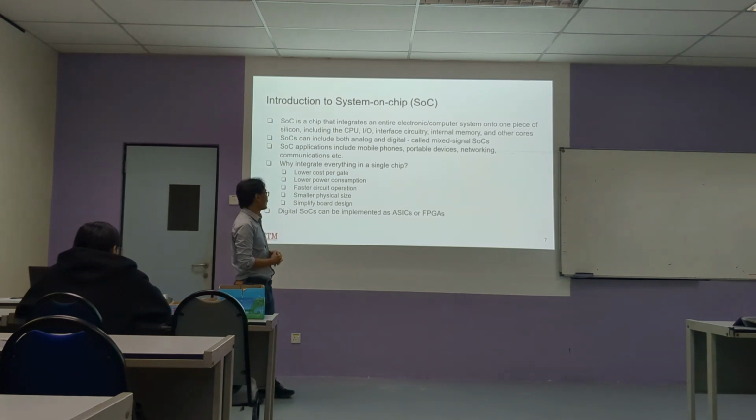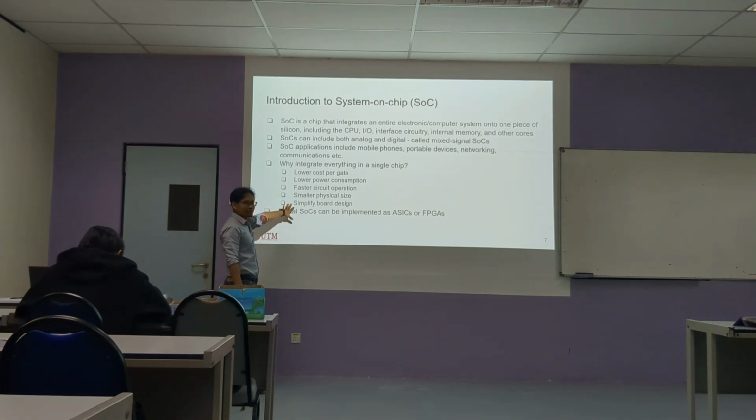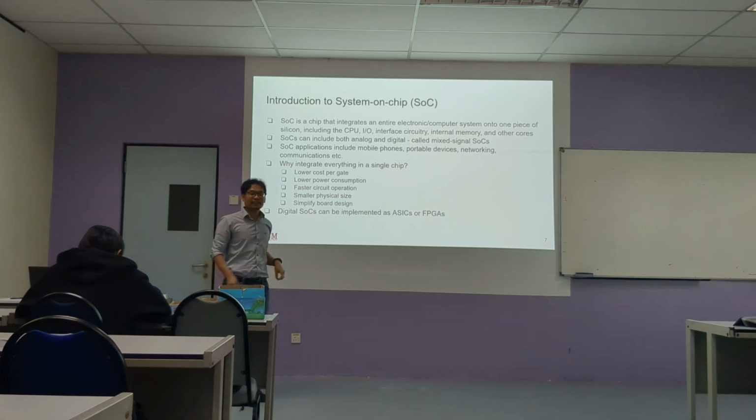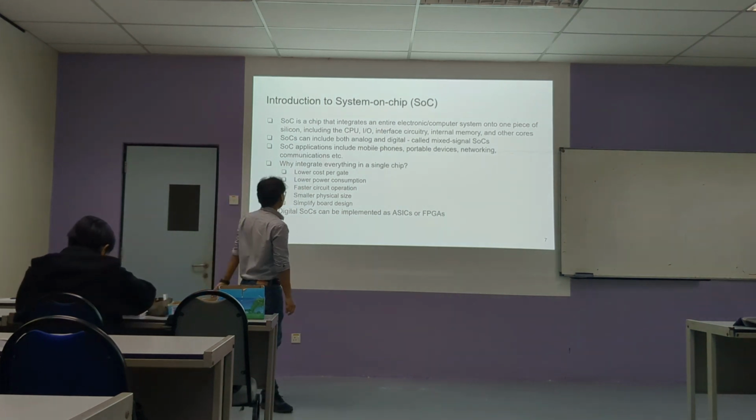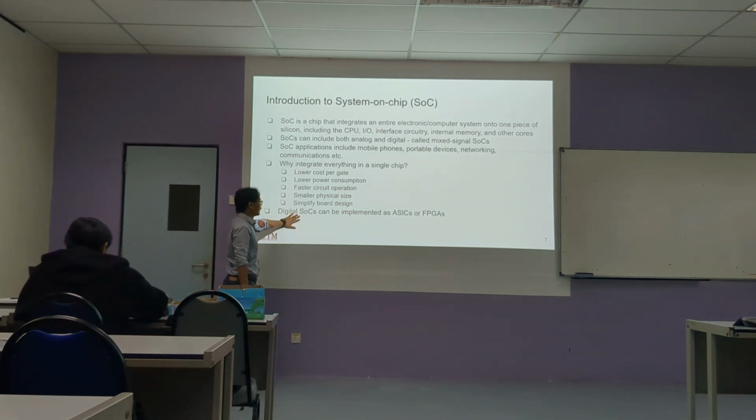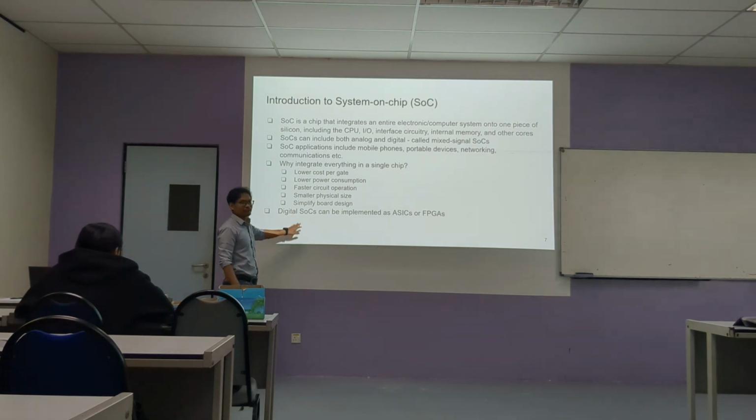Faster operation, since the communication distance and the capacitance of the wire will be less when all components are in a single piece of silicon. Smaller physical size, obviously, and it can also simplify the board design rather than having multiple chips. Digital SoCs can be implemented on ASIC and also FPGA.